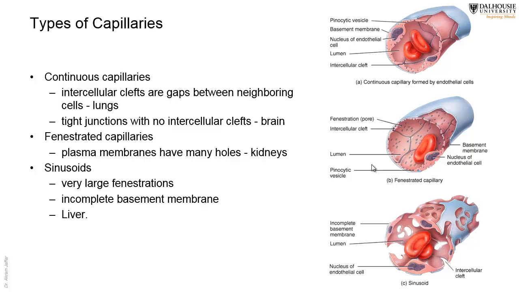Some of these continuous capillaries have tight junctions in the intercellular clefts. Very tight junctions. Remember the type of junctions that are present between cells: we have tight junctions, gap junctions, desmosomes, and so on. Tight junctions are present between these cells, for example in the brain, so they act as what we call the blood-brain barrier.